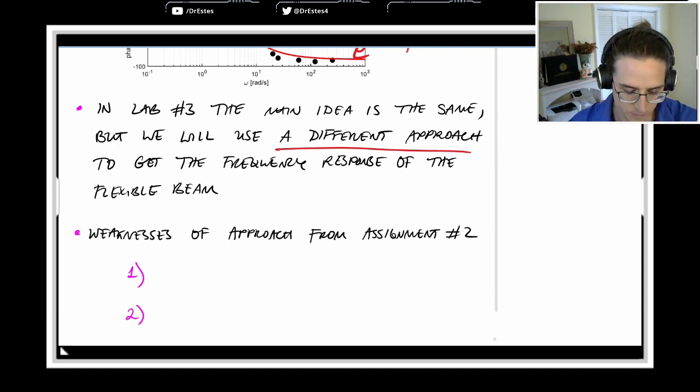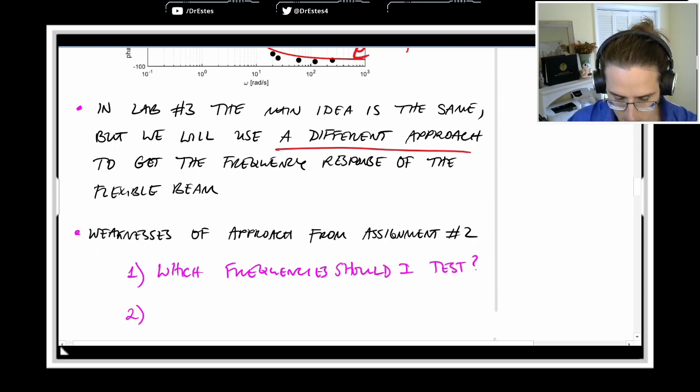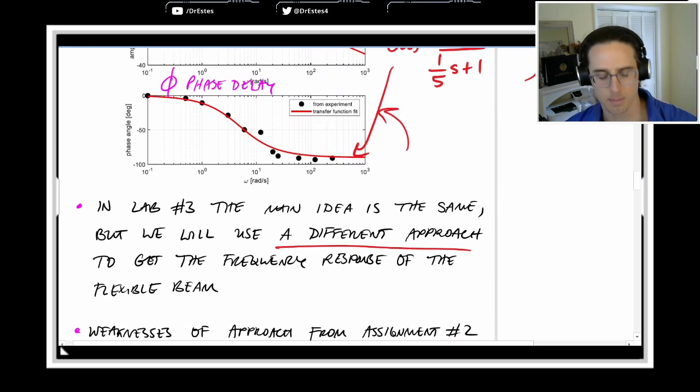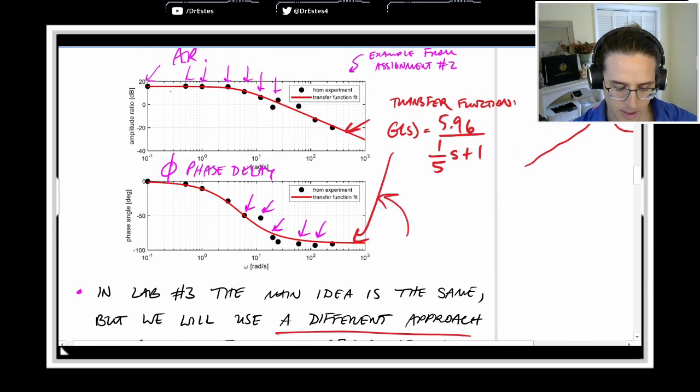So maybe the first problem is which frequencies should I test? So like in this example up here, how did I know that if I grab frequencies in this area, I can grab this feature at the corner and this kind of shape?